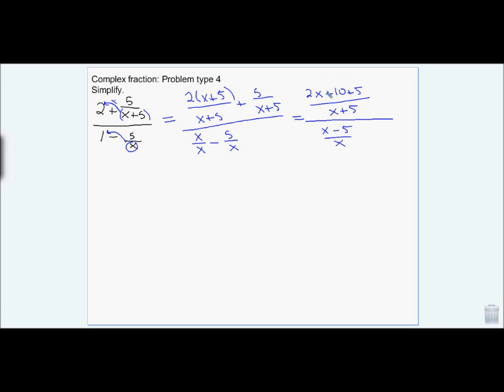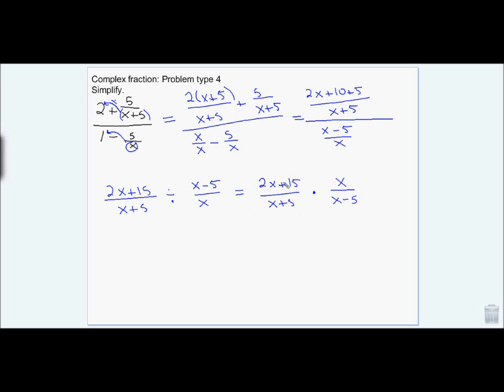I can combine like terms to get 2x plus 15 over x plus 5 divided by x minus 5 over x. So that's 2x plus 15 over x plus 5 times x over x minus 5.